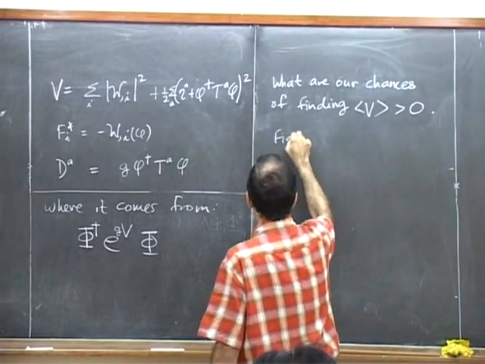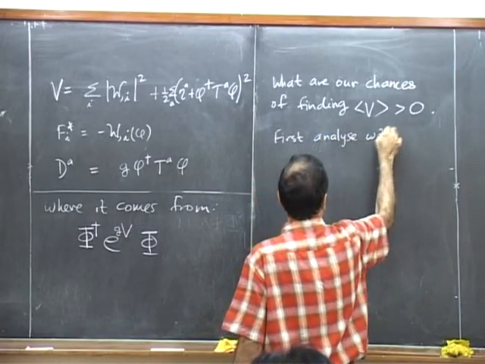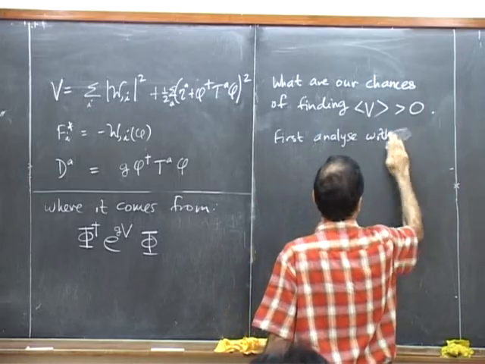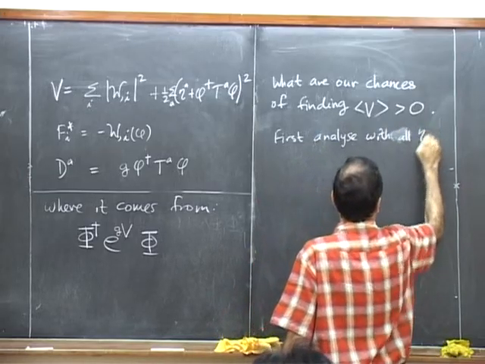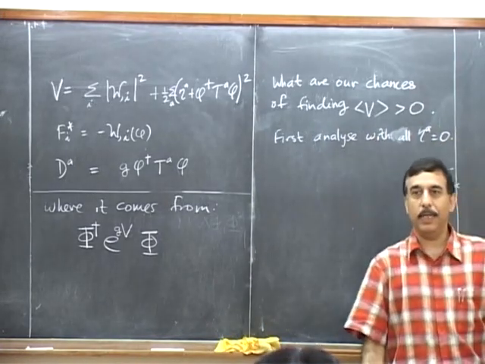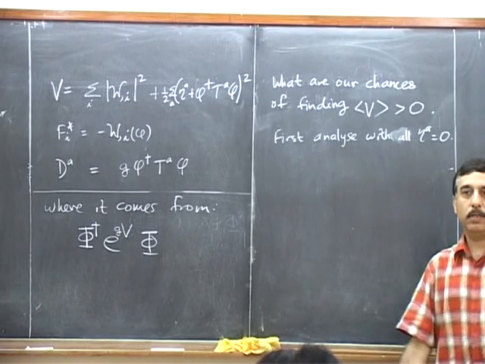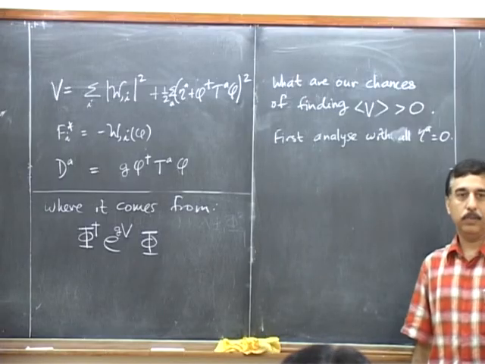So let's take the simplest thing first, analyze without eta. So with all eta A set to 0, and we'll find the very, very surprising and depressing conclusion that we are no better off trying to break supersymmetry in this than we were in the model with only chiral superfields.